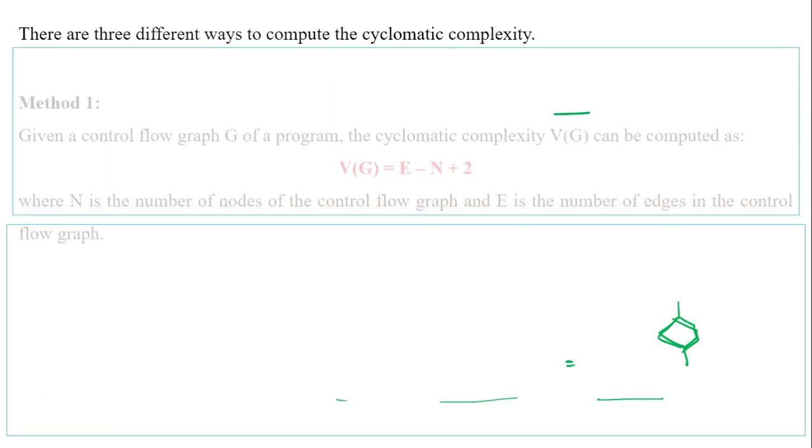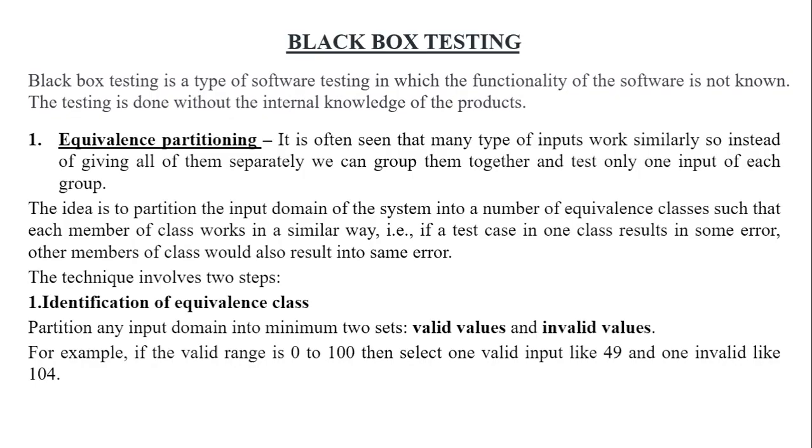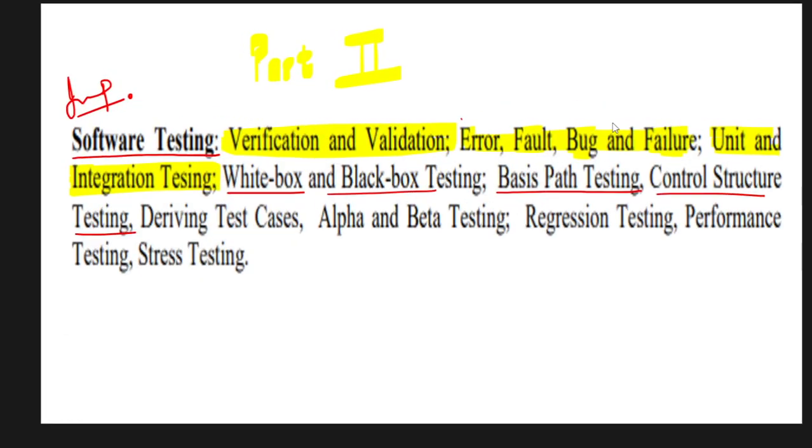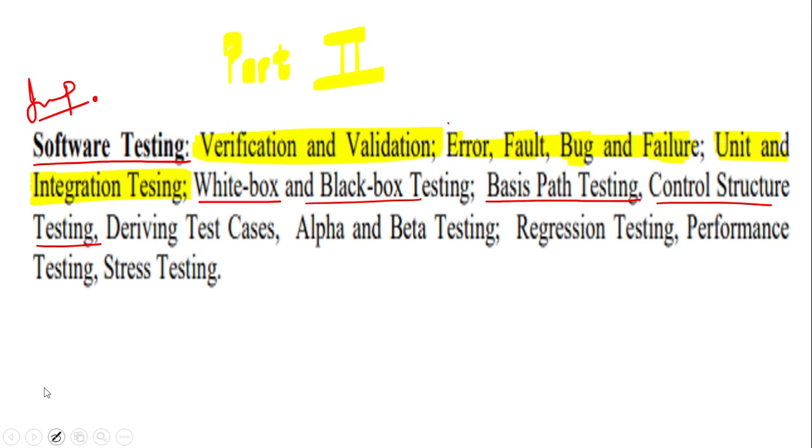ये हम ऑलरेडी कर चुके हैं। सो ये आपका न्यूमेरिकल, ये आपकी ब्लैक बॉक्स है, तो ब्लैक बॉक्स we'll have a video or we'll have a class on black box tomorrow. If I come to the syllabus, we'll see what we have covered till now.